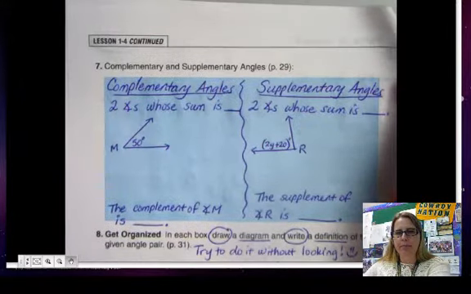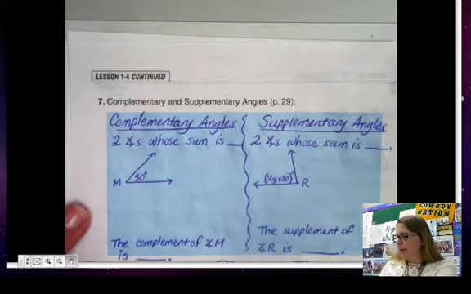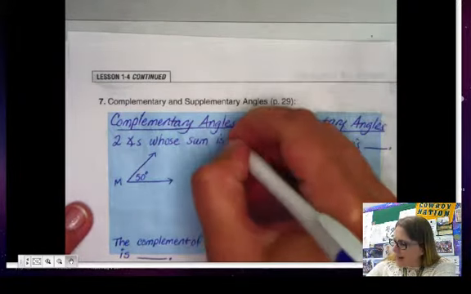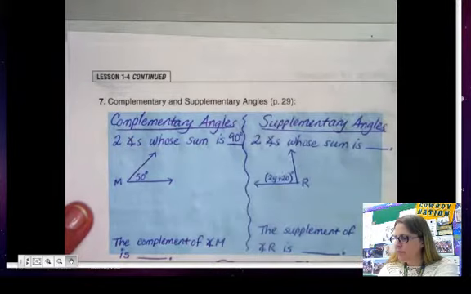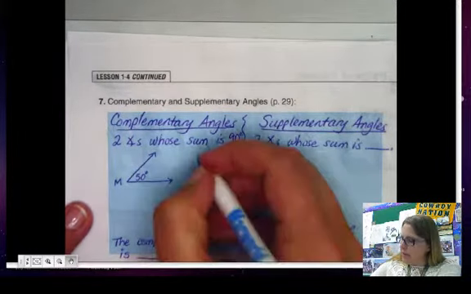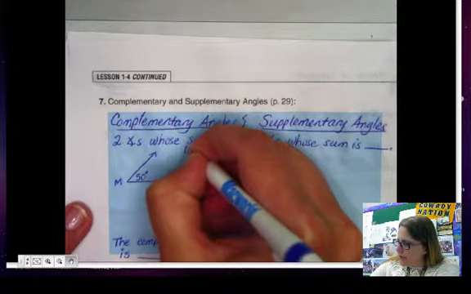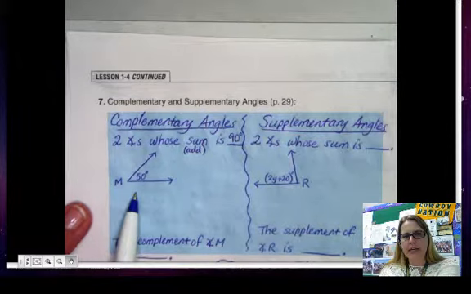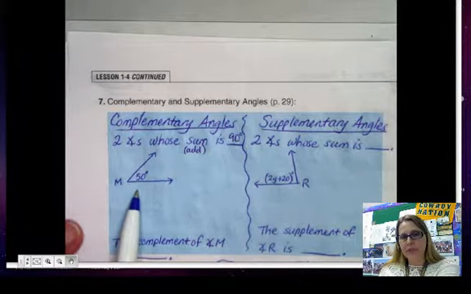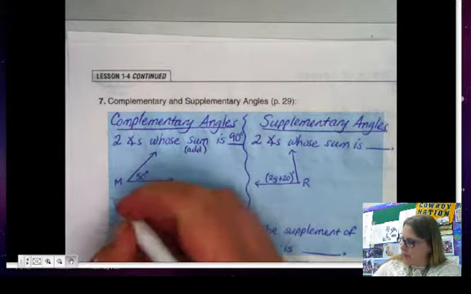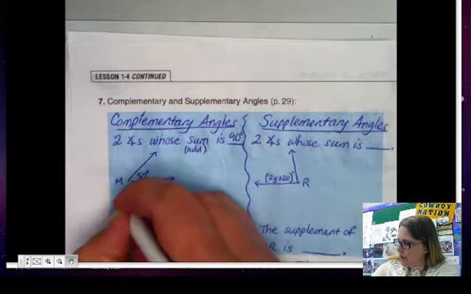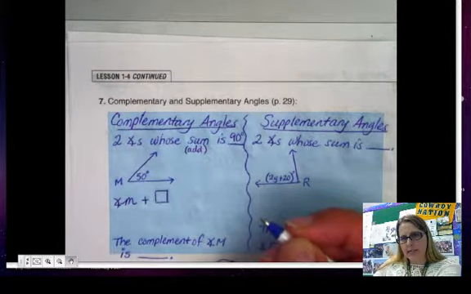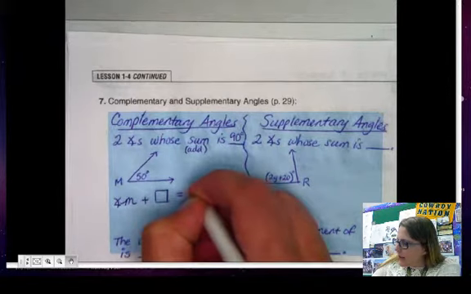Complementary angles and supplementary angles. Complementary angles are two angles whose sum is 90 degrees. Remember, sum means that they add to 90. So if we're trying to find a complementary angle to angle M here, which is 50 degrees, we say angle M plus some angle, and it doesn't matter what it is, equals 90 degrees.